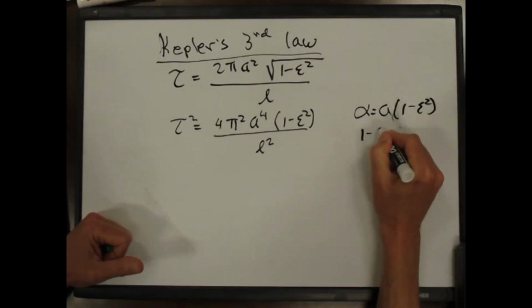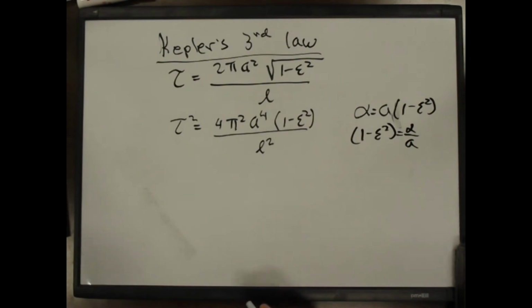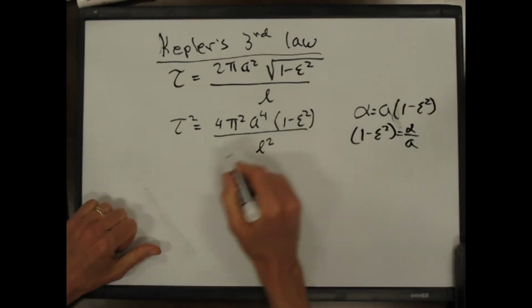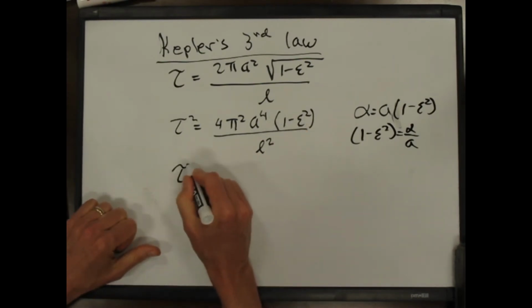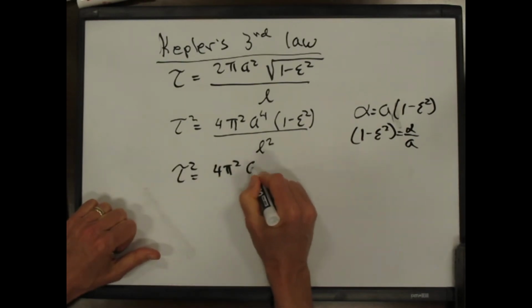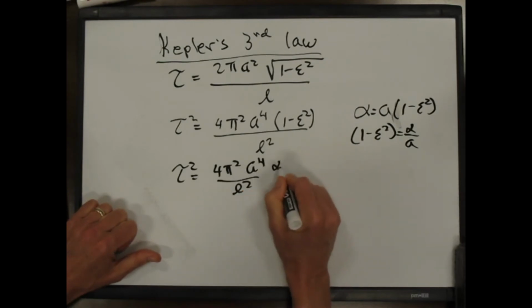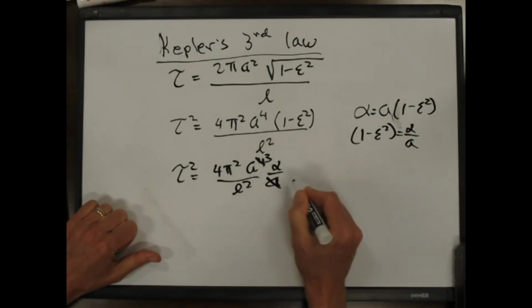And so 1 minus epsilon squared is equal to alpha over A. And so I'm going to replace that here, and I'm going to get the period squared is equal to 4 pi squared times a to the 4th over L squared times alpha over A. That cancels that, and that gives me a cubed there.